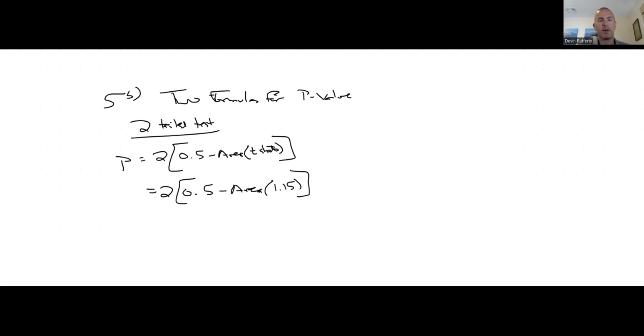We need to get this area. We need to find the area of the test statistic equaling 1.15. How do we do that? We go to the z distribution.